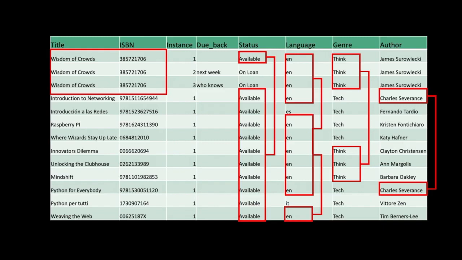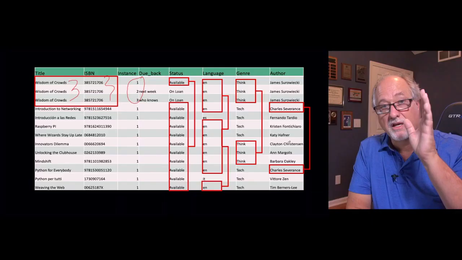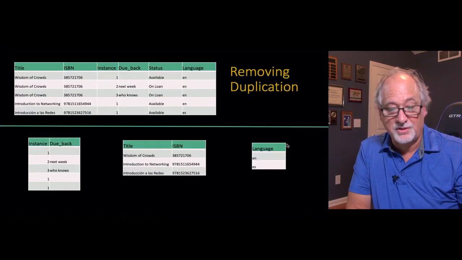The problem here is that there are 3 instances of the book, but because we've got this all in one table with just a bunch of columns and not multiple tables, we have to replicate the name Wisdom of Crowds 3 times so that we can represent the 3 instances. The same is true about the English language and the genre and the author name. These are the same authors. So this vertical replication is your first clue that you've got to come up with a smarter data model than just this.